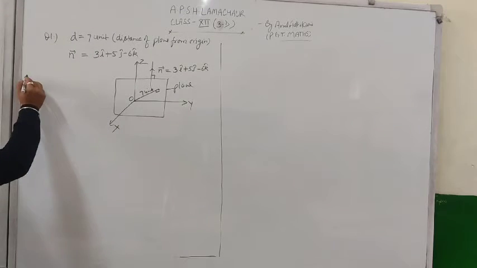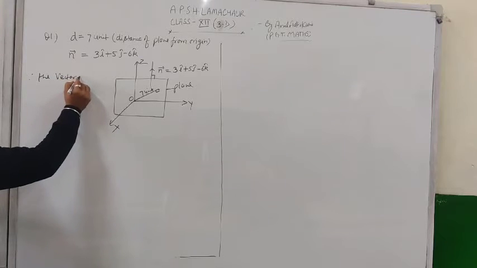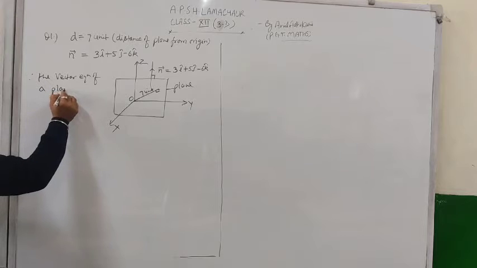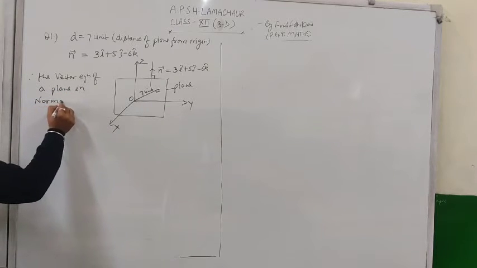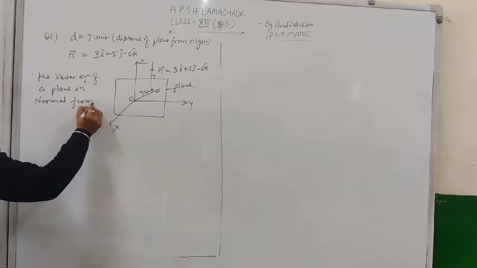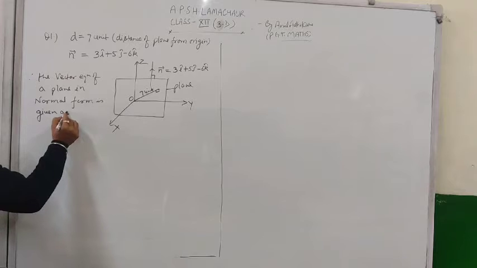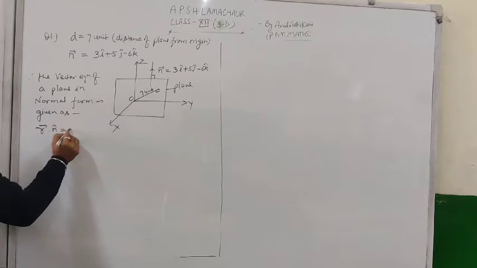Now since we know that the vector equation of a plane in normal form is r vector dot n cap is equal to d.